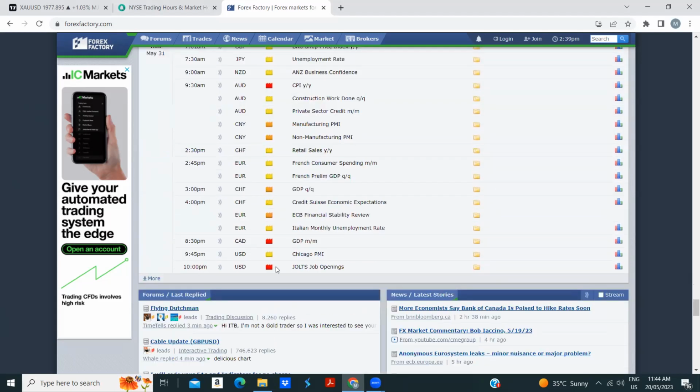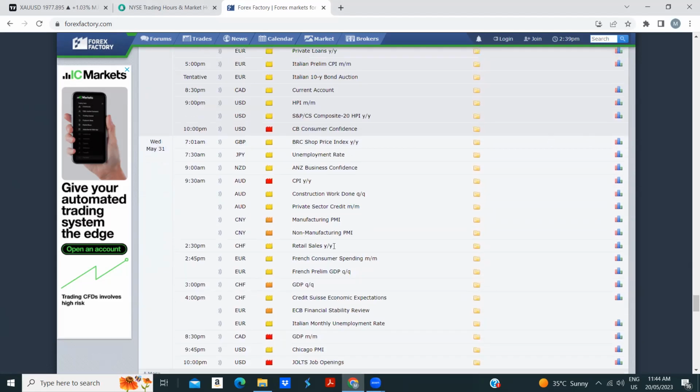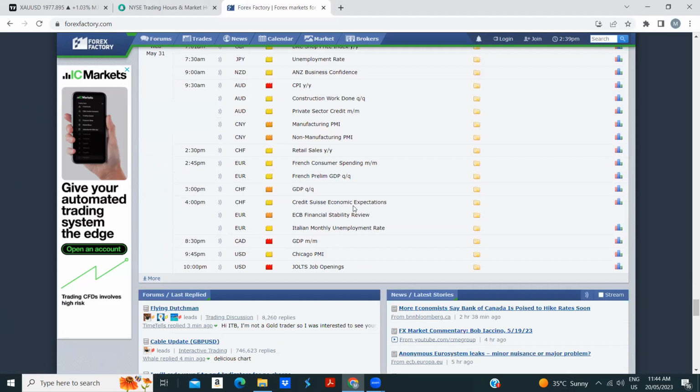Wednesday comes here. Again, there will be crude oil inventories for sure. But unfortunately, no crude oil inventories on this one. But that's not every Wednesday, but most of the time. Got it? So you have to regularly check your economic calendar. That's very important.